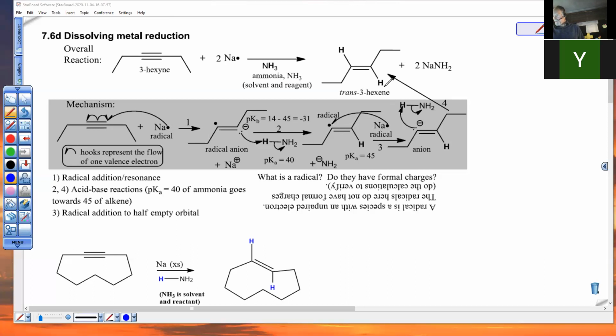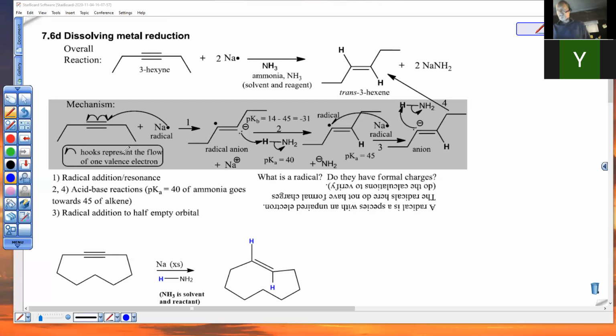Conjugate base of an alkene, 45. Base reacts with 40 to make 45 every day of the week is what I wanted to say. We're going from 40 to 45. Similarly, 40 to 45. That's a driving force for reactions when the equilibrium in terms of pKa is favorable.